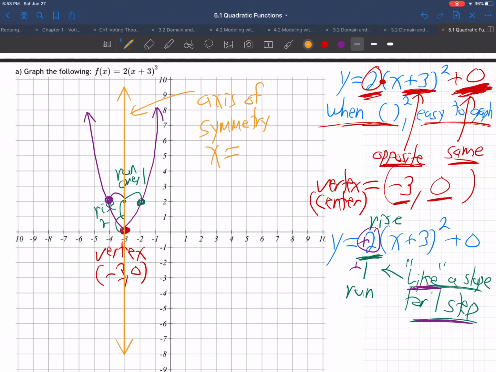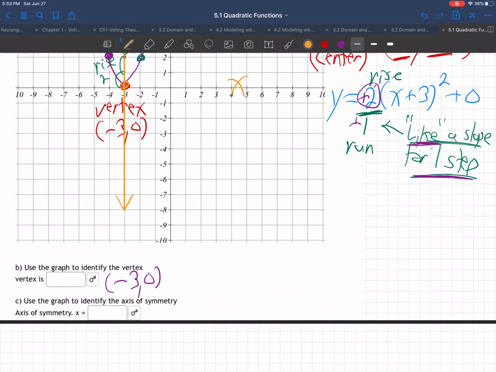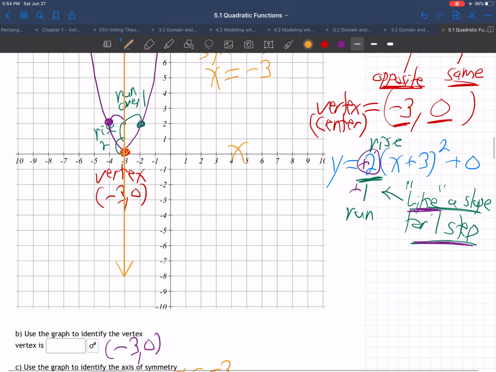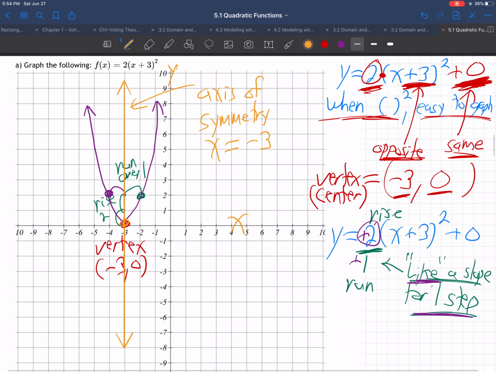Well, this is the x-axis, and this is the y. It hits the x-axis at what? -3. So it's just x equals -3. That's the equation of that. So there we go. That's how we graph parabolas when they have parentheses squared format. Those are the easy kind to graph. When they don't have parentheses squared, they're harder. But this is a nice easy one.